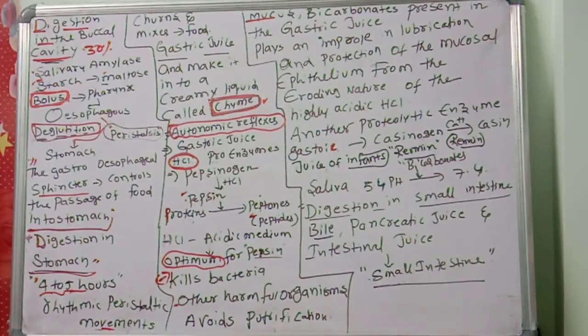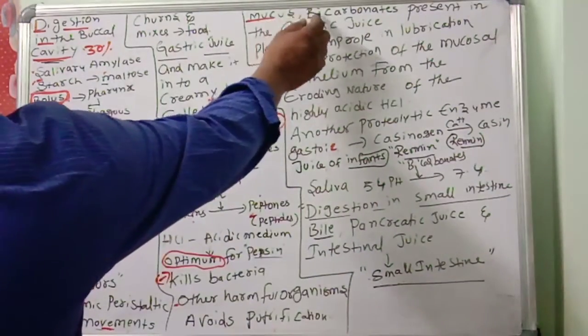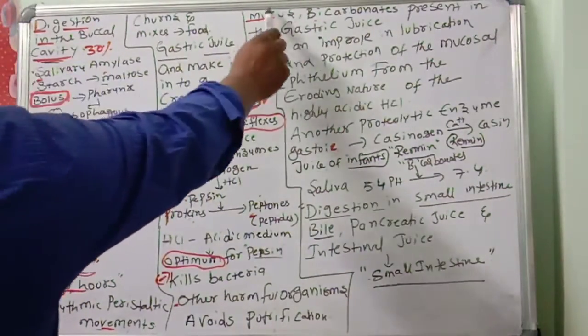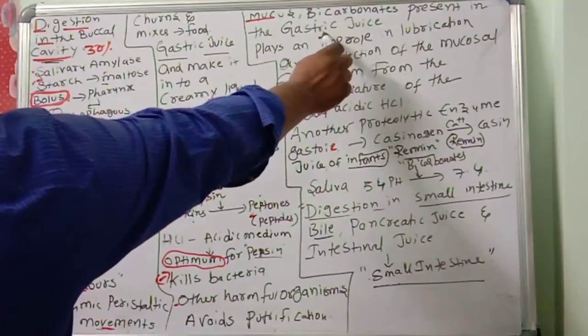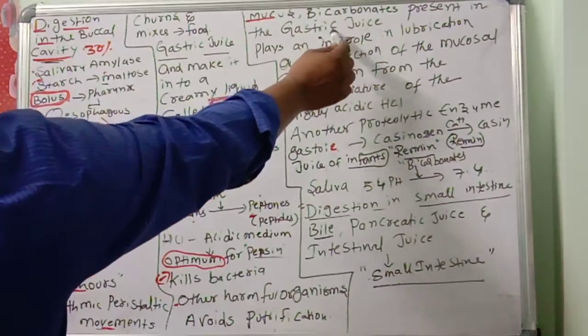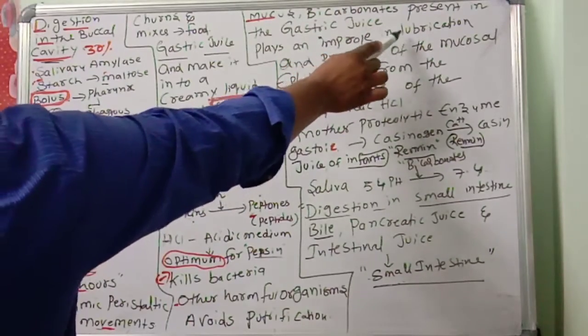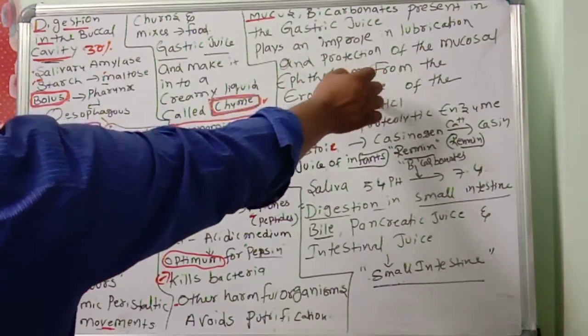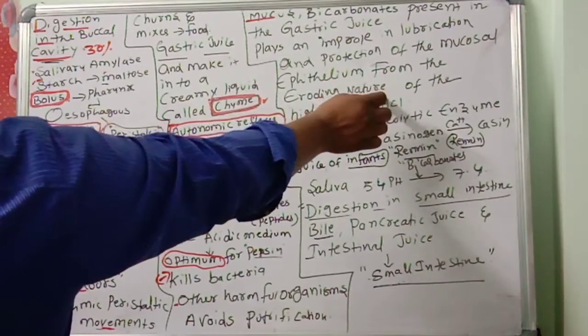Next, some other components are there in the gastric juice. What are the other compounds? Mucus and bicarbonates also. The mucus and bicarbonates present in the gastric juice play an important role in lubrication and protection of the mucosal epithelium from the eroding nature of the highly acidic HCl.